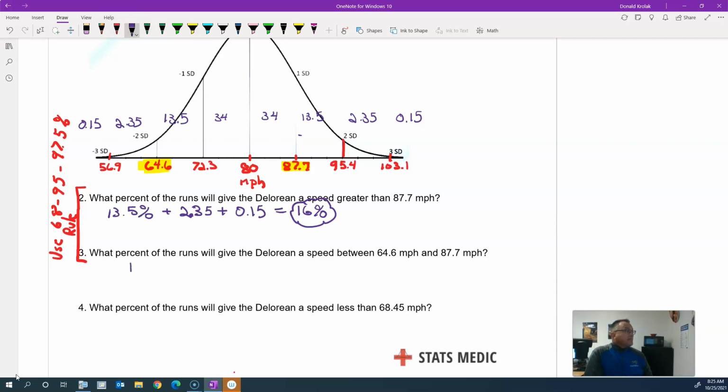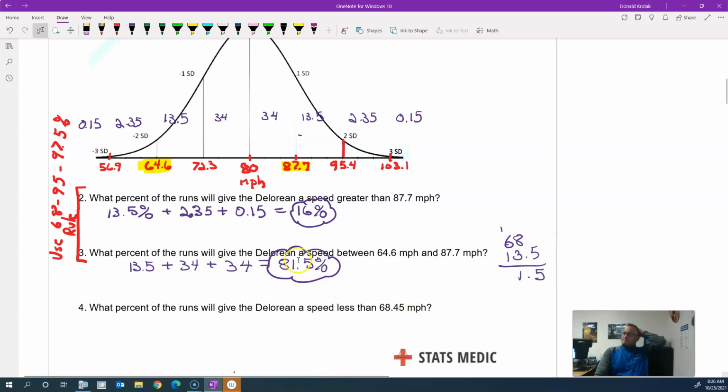So 13.5 plus 34 plus 34 equals 68, plus 13 and a half, 81.5%. All right, so nothing new.